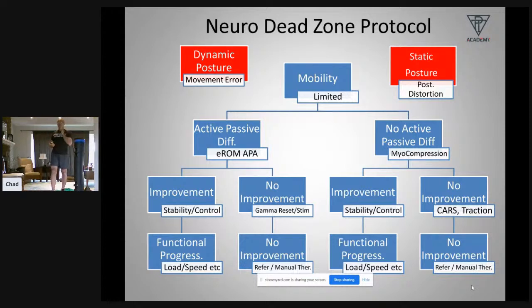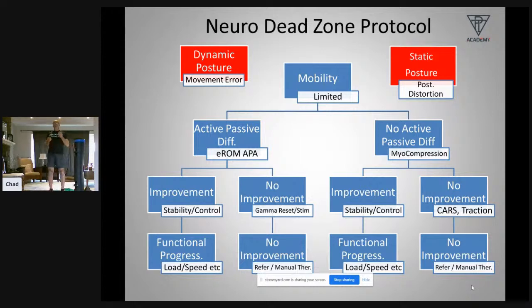Regardless, the point is we've found that mobility is limited because we've done some kind of mobility assessment, whether it be my functional movement assessment, FMS, or some other system of orthopedic range of motion tests. From that place, I'm then going to make decisions. I know there's a restriction. Now, is that restriction also accompanied by an active passive range difference?